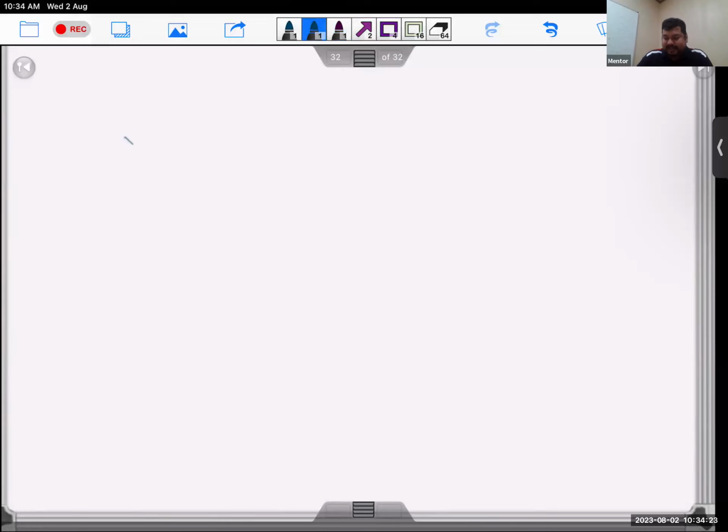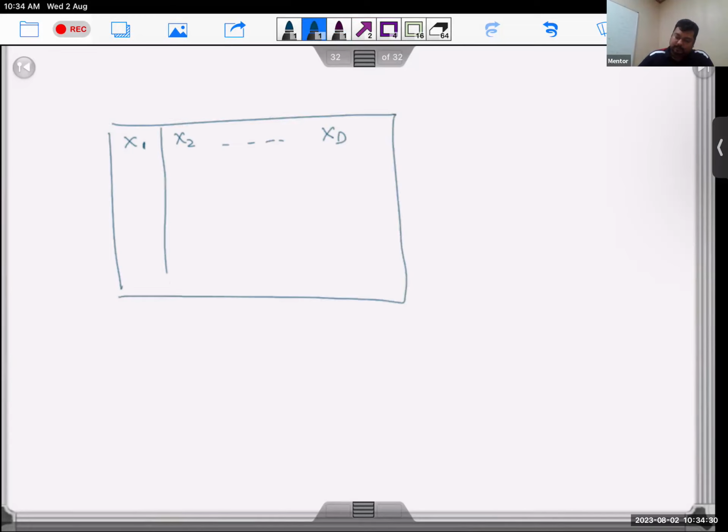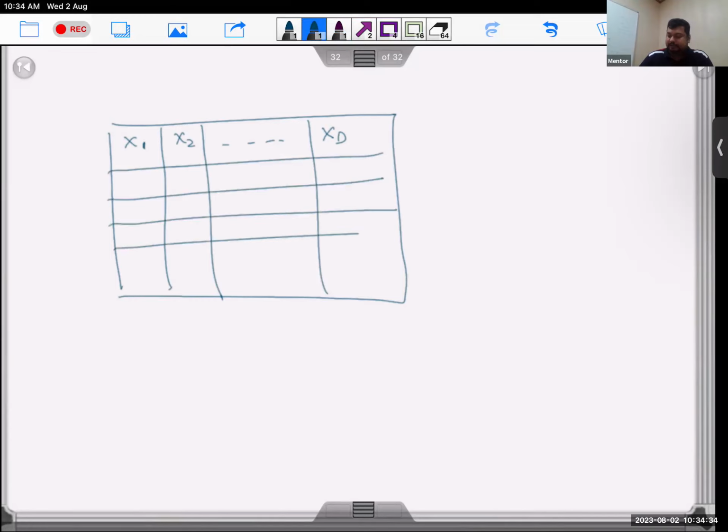If X is the data set that you have, with D features, and you have n rows, what would be the size of it? N cross D, right?